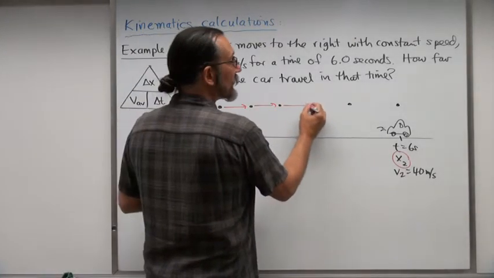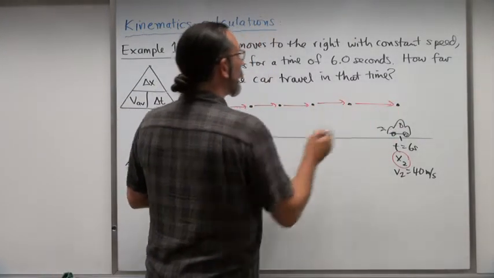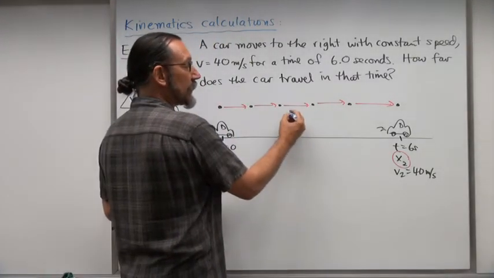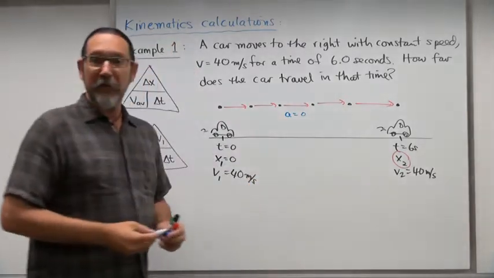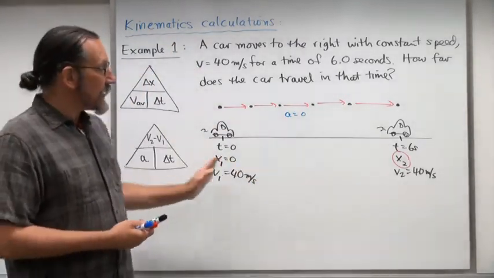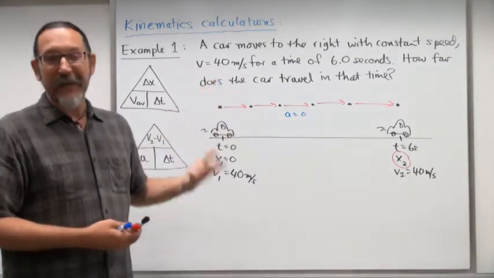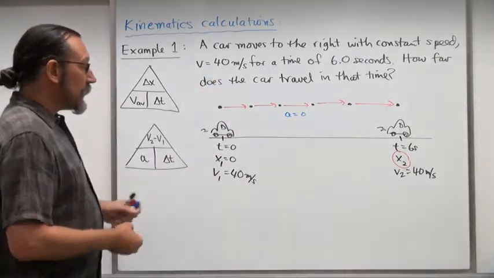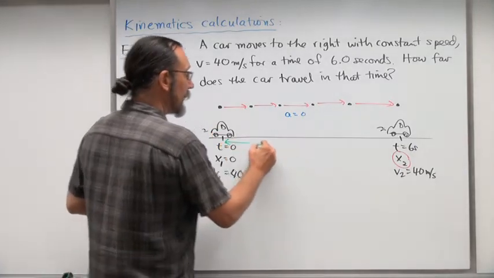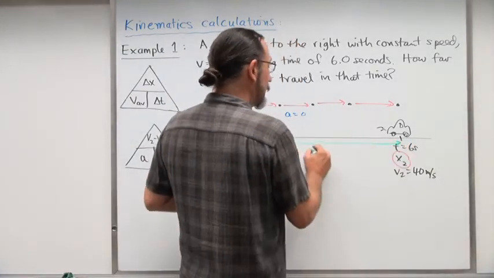So this takes me 12 seconds to quickly draw up a motion diagram, and looking at this, I know there's no change in the velocity, so I know the acceleration is 0. I put that on there just to remind me that as this car is traveling from here to here, I can look at a glance at this and understand how it's behaving. So we're trying to find out what this distance from here to here is, delta x.